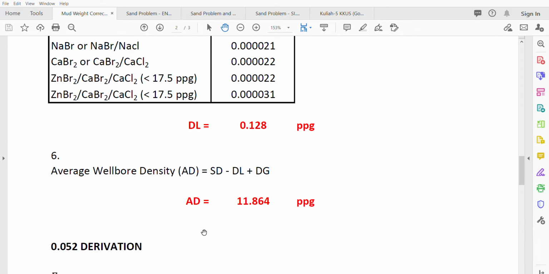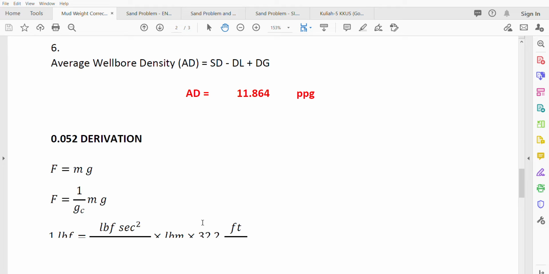I would like to mention a little bit about the derivation of 0.052, which is actually coming from engineering units. The engineering unit for F = mg, basically what we have is 1 over GC.